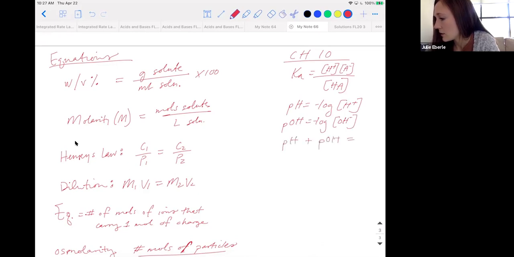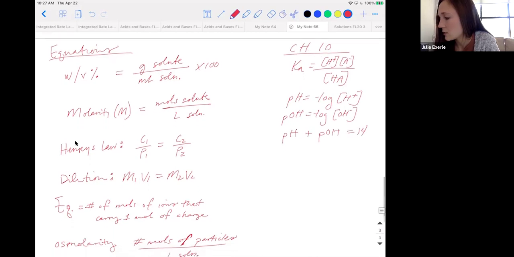This is all stuff we'll talk about in lecture day. So we're going to talk about the pH scale. Kw equals the concentration of H plus or H3O plus times the concentration of OH minus. So if we know Kw, and if we knew the concentration of H plus or OH minus, we could solve for the other.